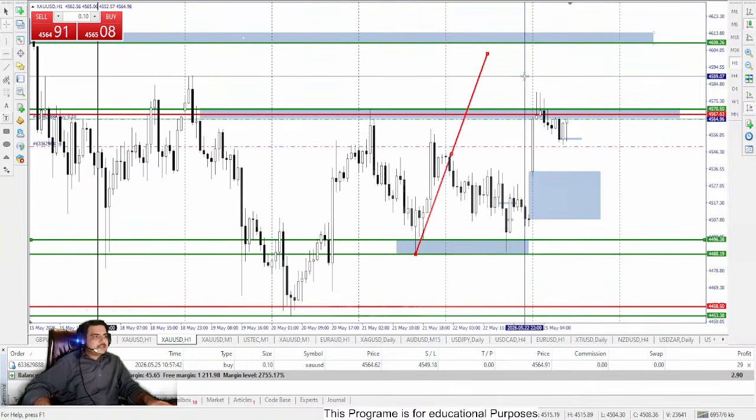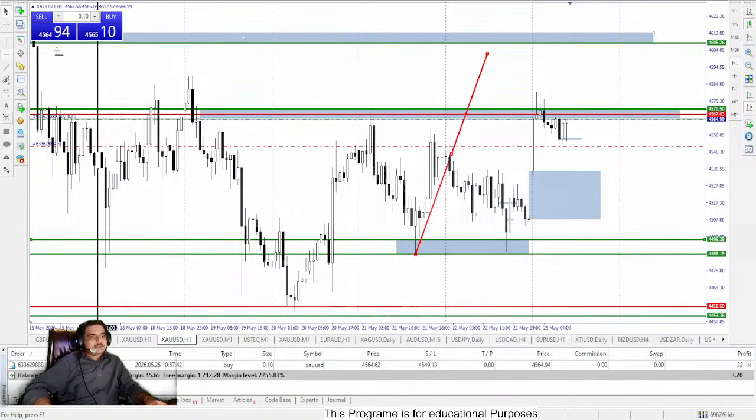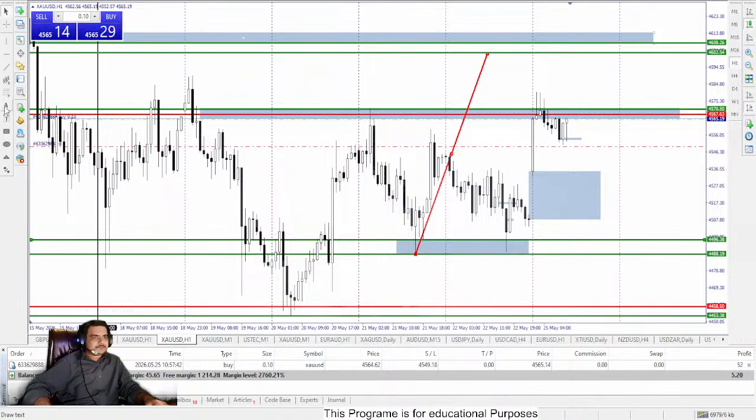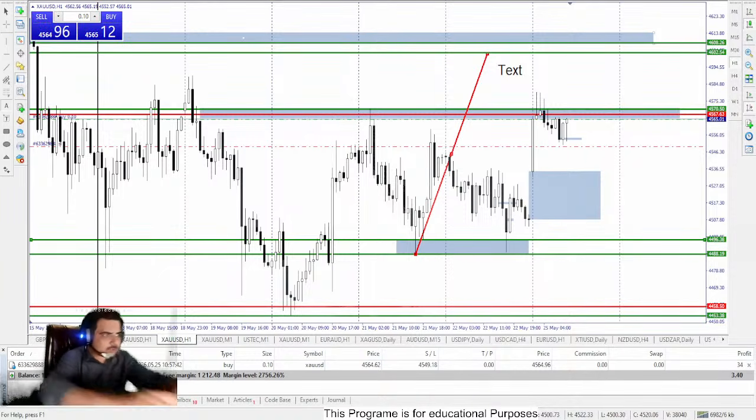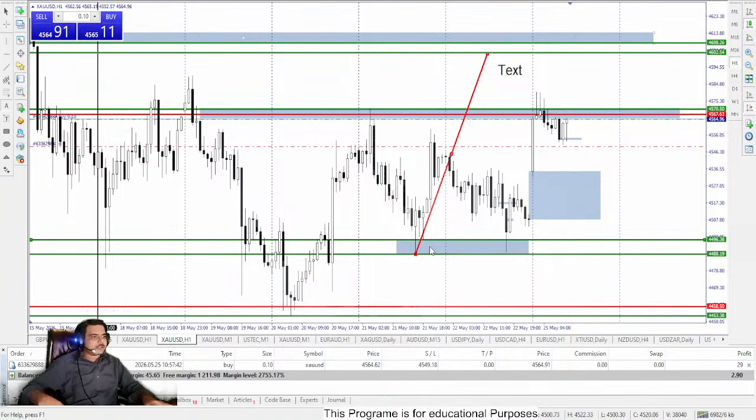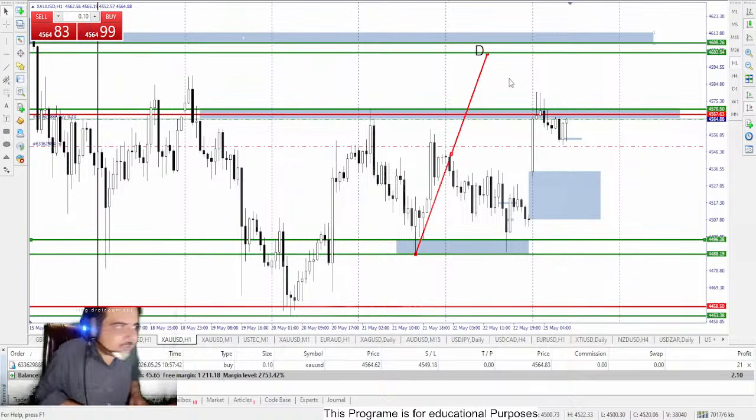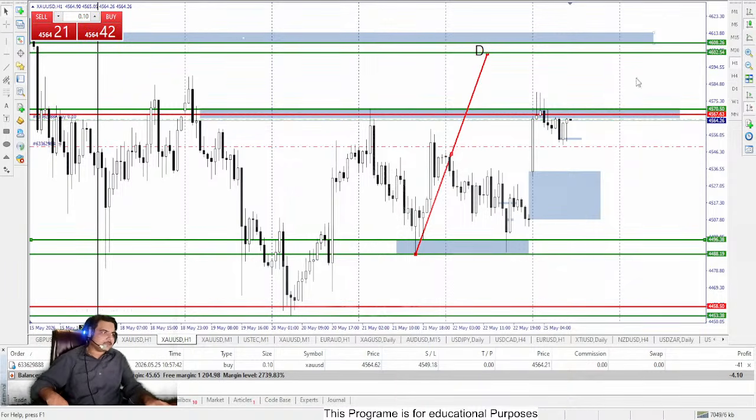And I say it will no doubt fill this gap, but first it is completing this point D, and it can even go above that as well. I'm not saying the market is completely crashing from there. See, whatever is present in front of me on the chart, I explained that.